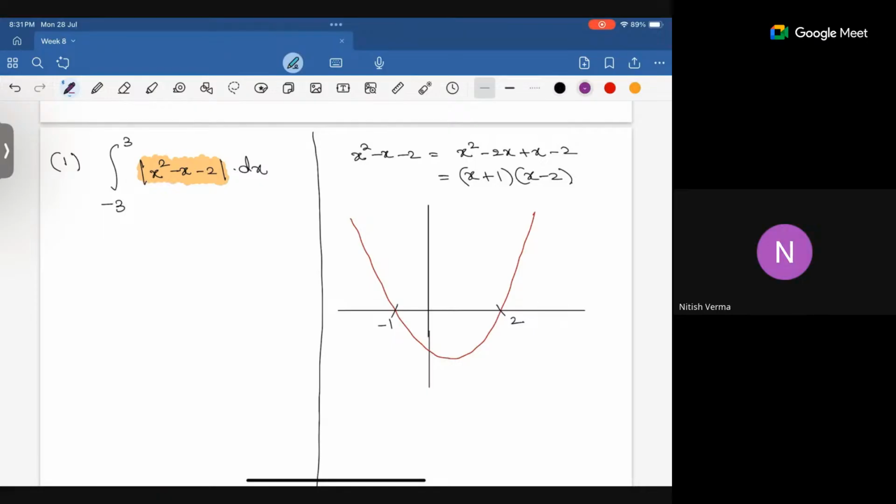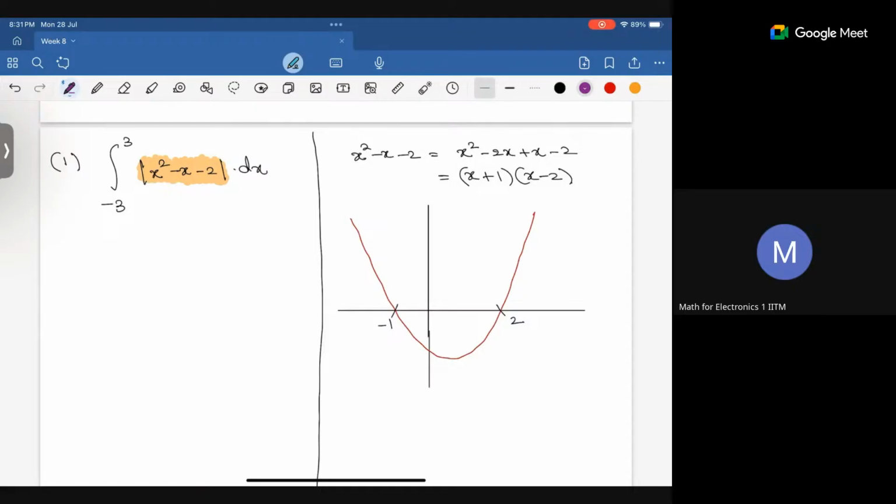So when I take the modulus, what happens is, if it is positive, it will stay positive. If it is negative, it will become positive. If you see the red curve, left of minus 1 and right of 2, the function is positive only.